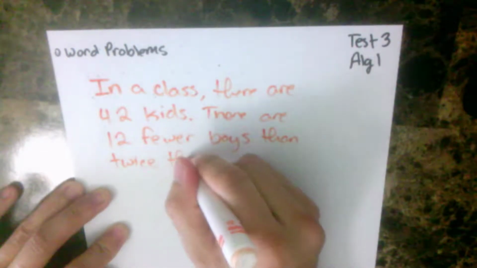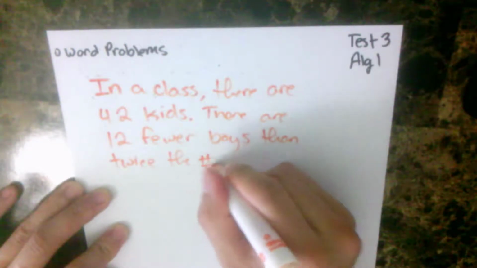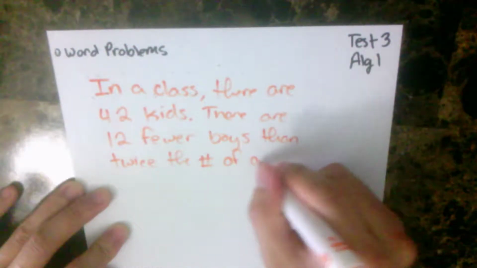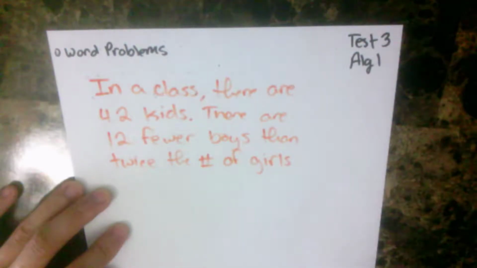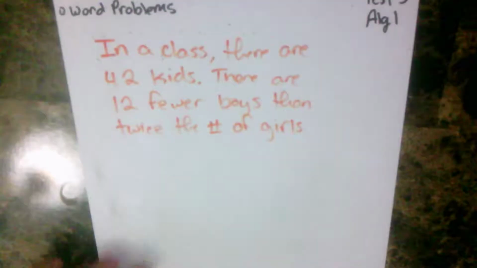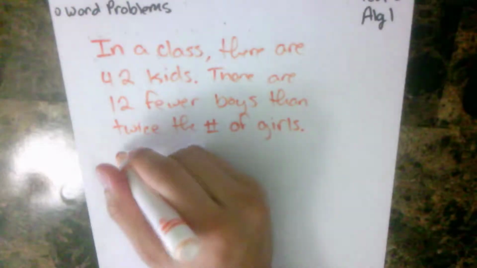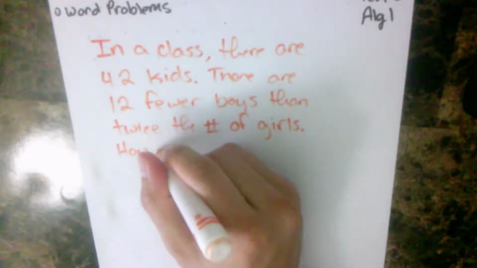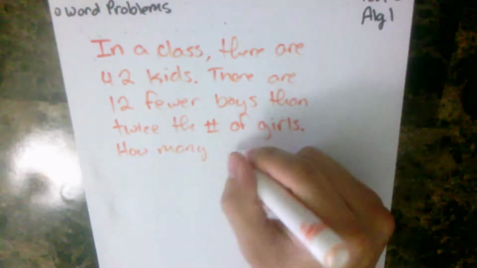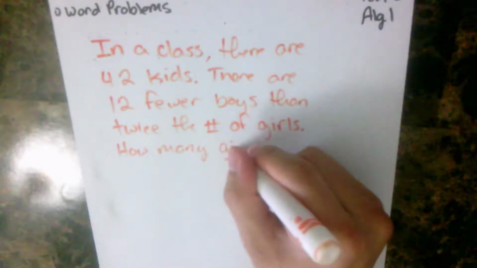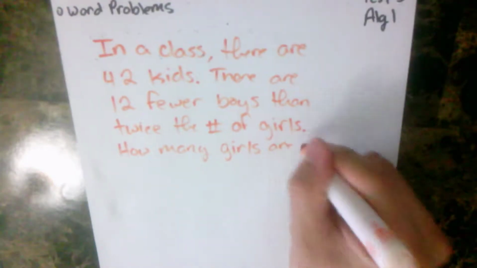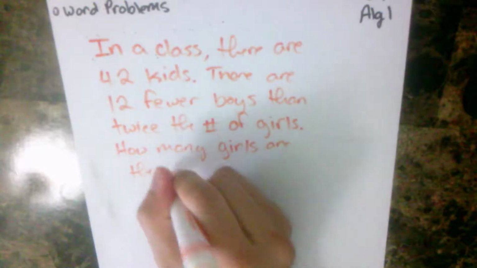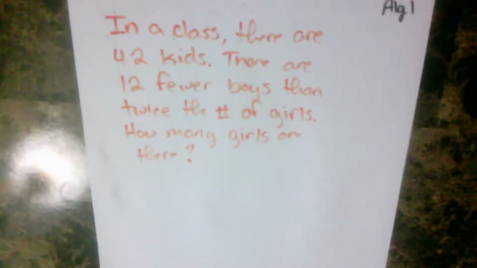This is actually one step harder than what we did in class, because it includes kind of a double step here, but that's okay. So then I'm going to ask: how many girls are there in this class?